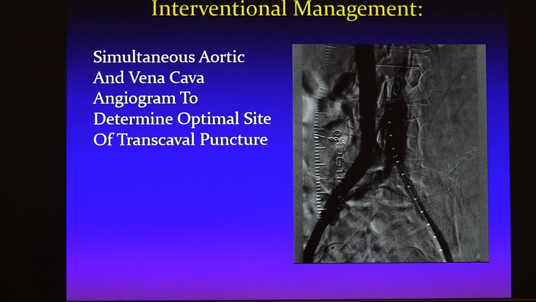After we do that, we do imaging at 90 degrees. I think there's a slide missing here. We get a pigtail and do the imaging. After that, we go through the arterial access, and through the arterial access we put a snare there facing the IVC.